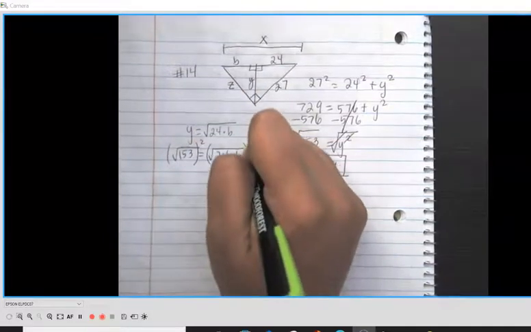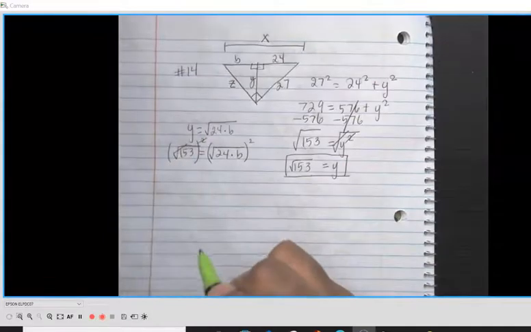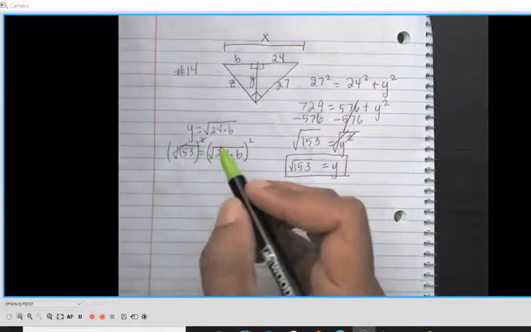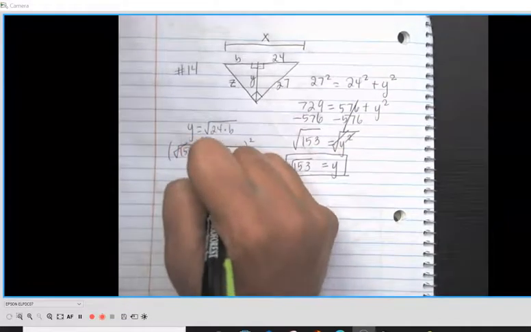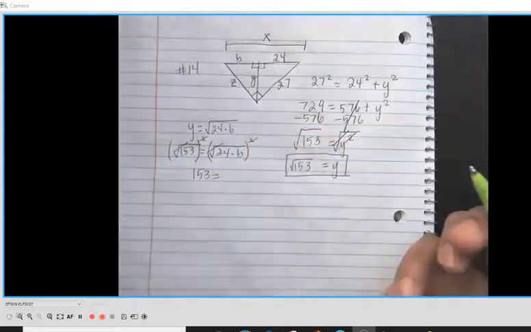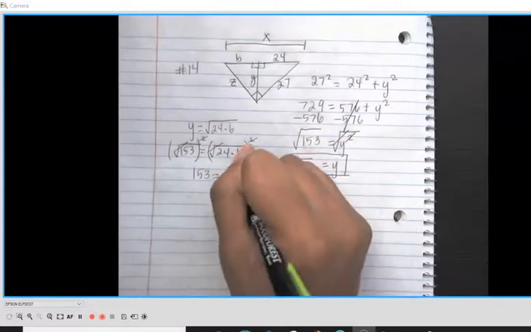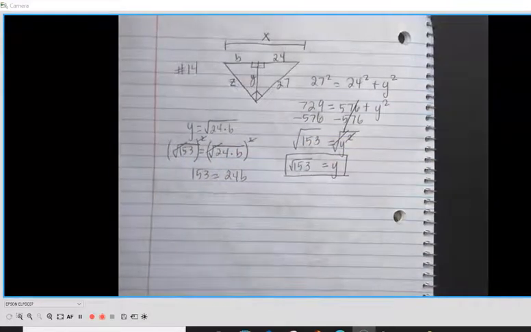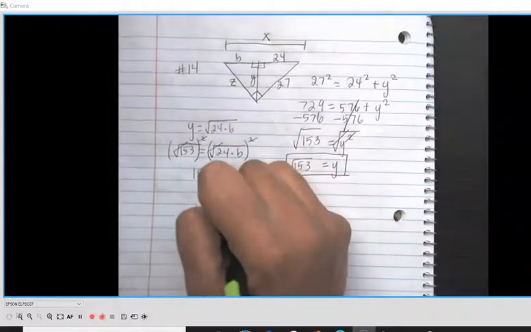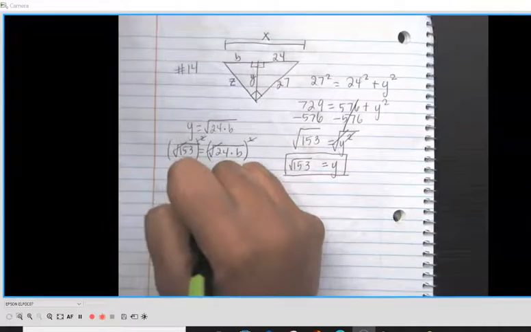I also have to do it to the other side. The square root and square cancel out, and that 153 falls out on the left. That 24b falls out. Then 153 divided by 24, b equals, and I'm just going to carry this out as 6.375.